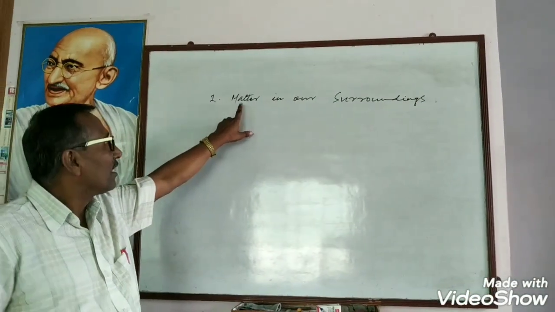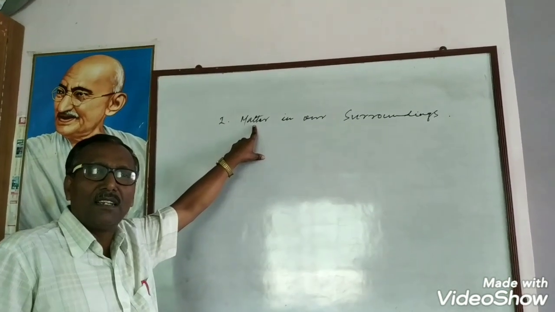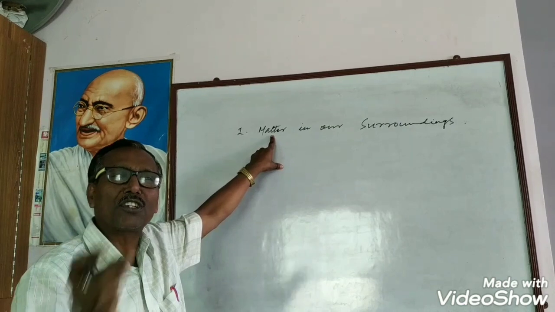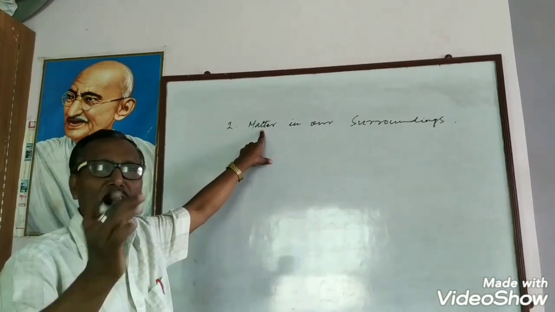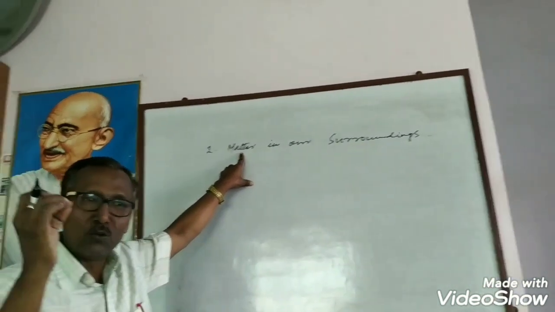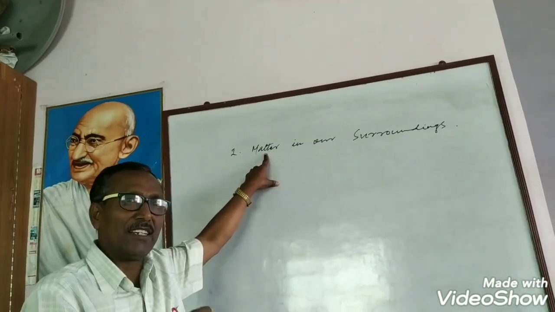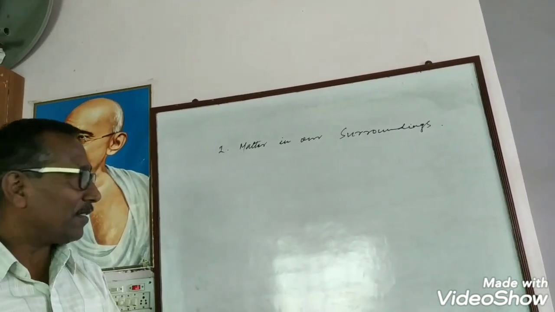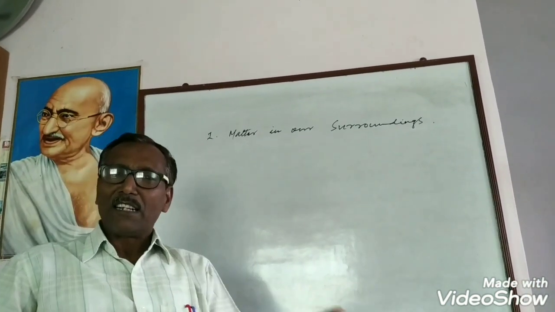You know, the term matter is very specific, most common in the world. The thing that you are looking through your naked eye, or the things around all of us, they are all matter.